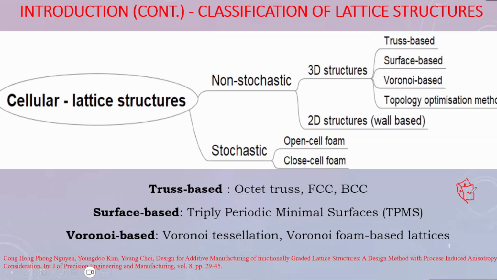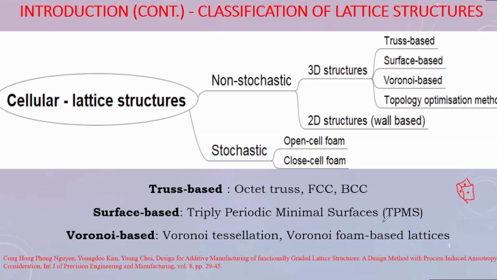And if we have some hollow space in those regions, then it is called face center cubic or body center cubic. Like we can have a variation with respect to the physics of that model. And we have a surface-based model, which is TPMS, triply periodic minimal surfaces.